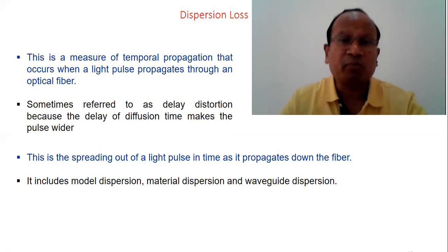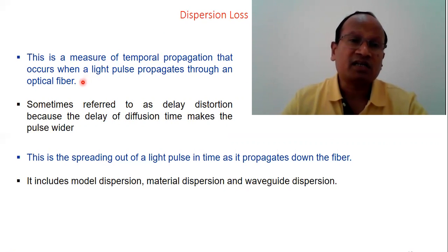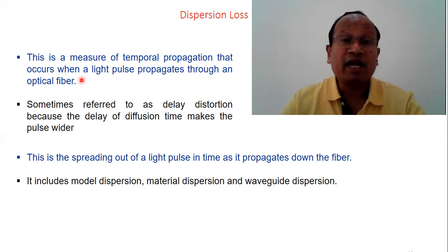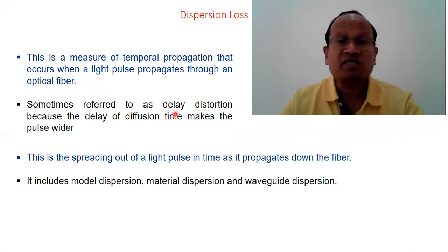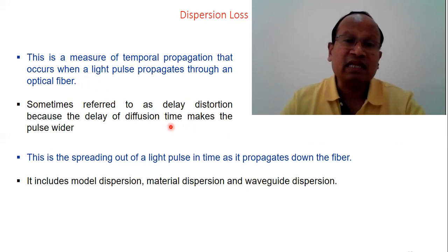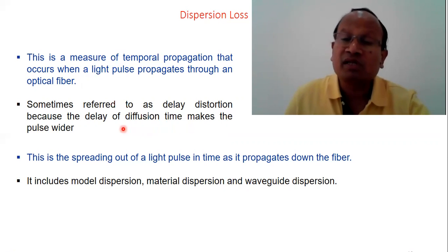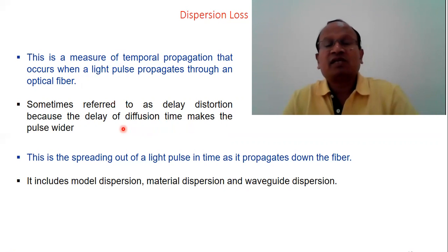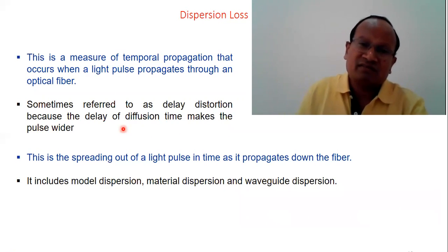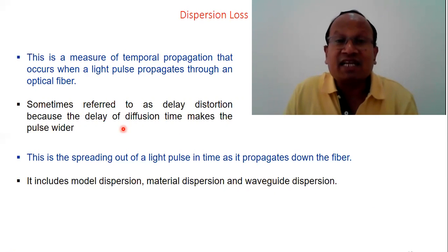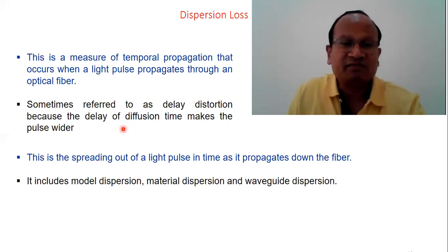This is a measure of temporal propagation that occurs when a light pulse propagates through an optical fiber, sometimes referred to as delay distortion because delay or diffusion time makes the pulse wider. As I told you, pulse widening, there is a delay, so the pulse gets widened.